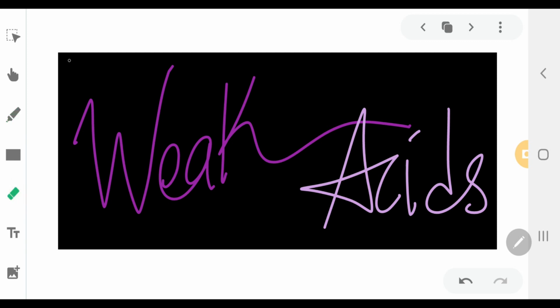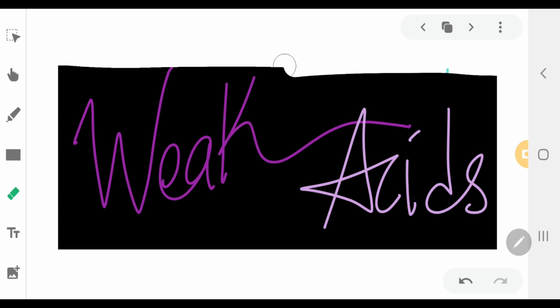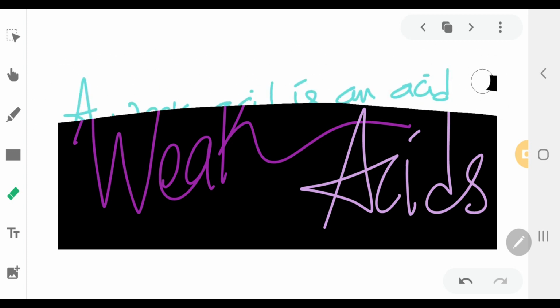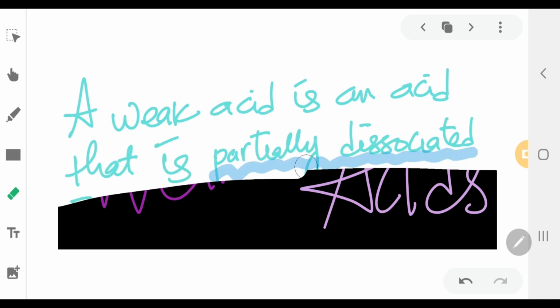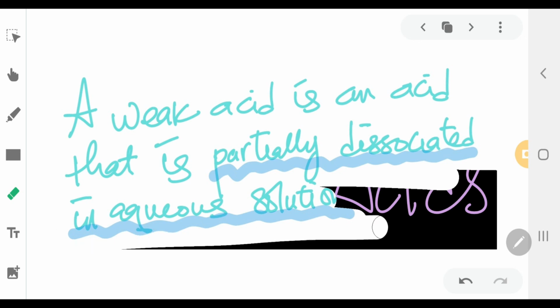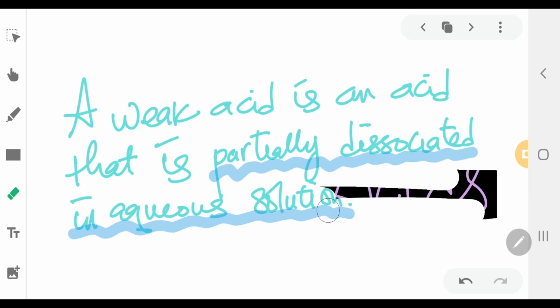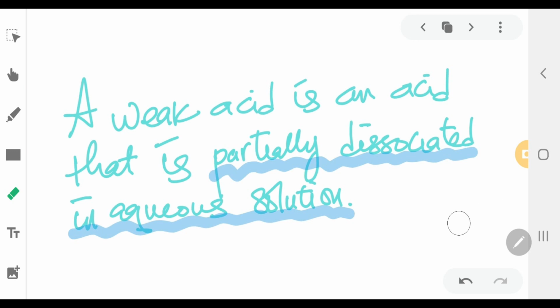Now, what about weak acids? A weak acid is defined as an acid that will be partially dissociated in aqueous solution. So instead of being fully dissociated in aqueous solution, weak acids will be partially dissociated. Partially here means not completely dissociated in aqueous solution.